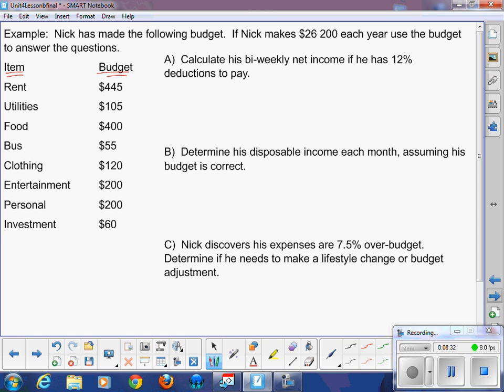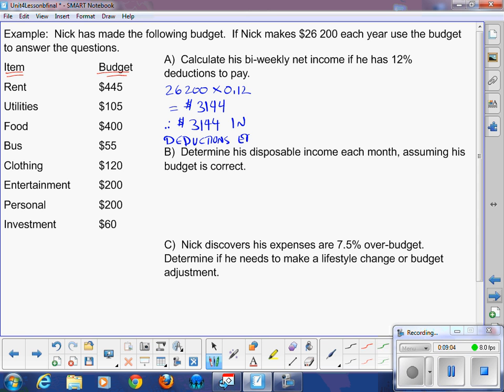All right, so how do you do this? His biweekly. So first of all, we have to take 12% off of his pay. So 26,200 multiplied by 0.12. So if I do that times 0.12, he is having $3,144 in deductions. So we have to take that off the top in deductions, and that would be over the year.